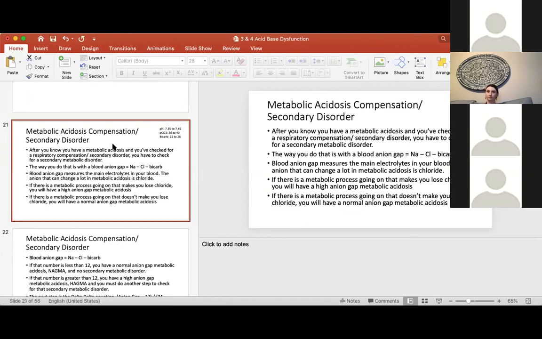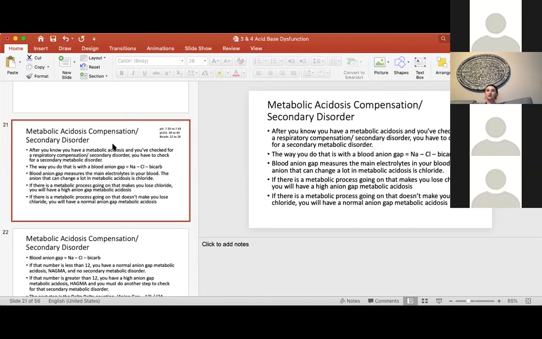Okay. After you've checked for the secondary disorder, you need to see if there's also a secondary metabolic disorder, and you do that with the anion gap. Our anion gap is going to be our sodium minus chloride minus bicarb.